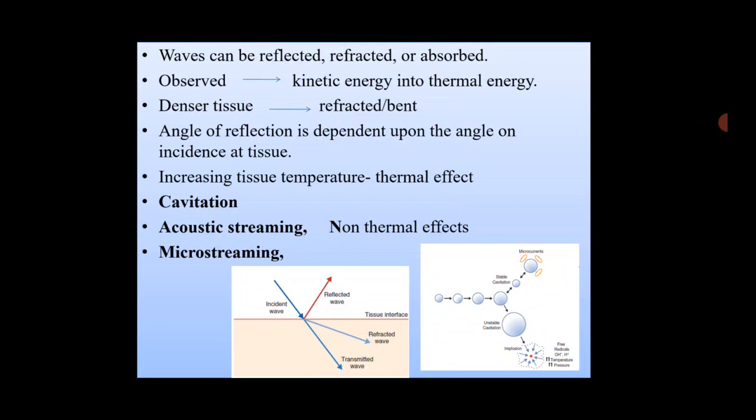Then coming to acoustic streaming, it is the steady circular flow of cellular fluid induced by ultrasound. Then what is microstreaming? Microstreaming is the microscale eddying or spinning near any small vibrating object.